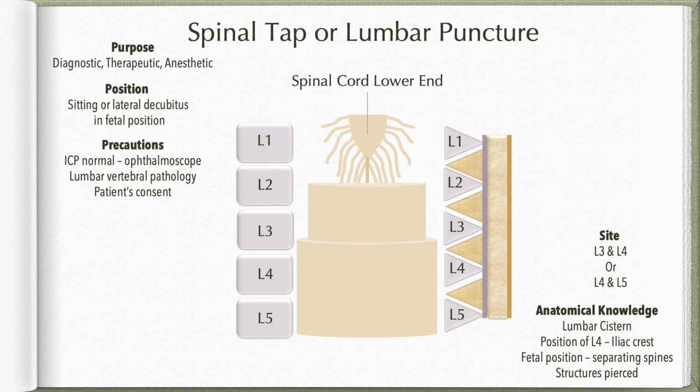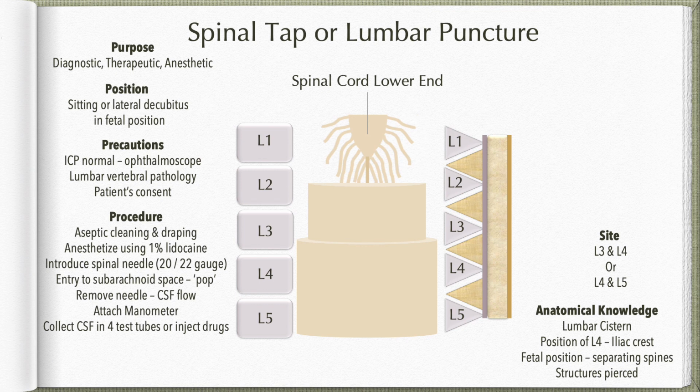If you are doing it below this, then the procedure is being done between L4 and L5. The next thing you should know is why we ask the patient to take a fetal position. That will separate out the vertebral spines, which is needed for introducing the needle between the vertebral spines in case of lumbar vertebrae. The last one is the list of structures pierced by the needle. We will tell you the procedure here and tell the structures pierced as well.